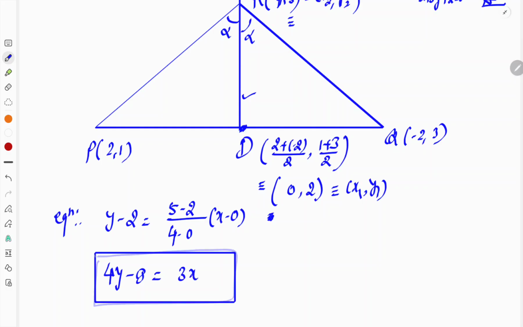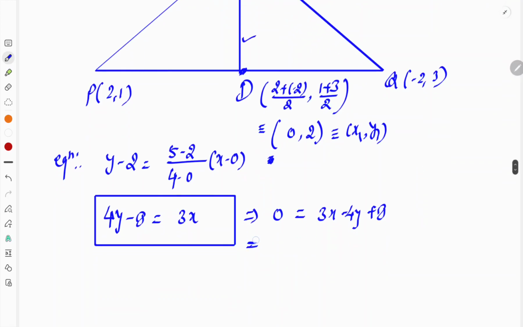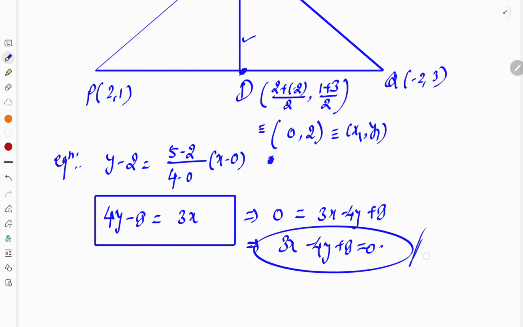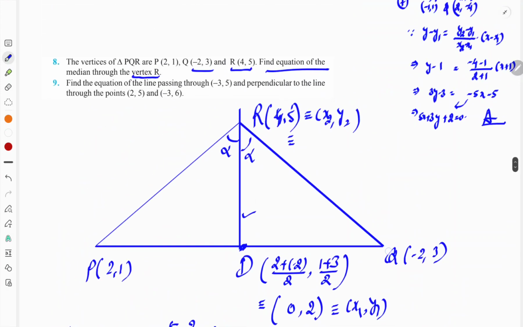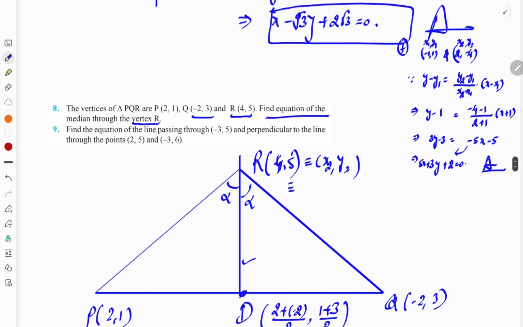This is the equation of the line, or you can take everything to one side: 0 equals 3x minus 4y plus 8, or 3x minus 4y plus 8 is equal to 0. This is the equation of the line. Dear student, in this way we solved the problems up to number 8.